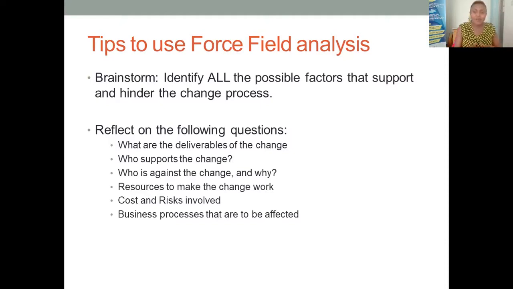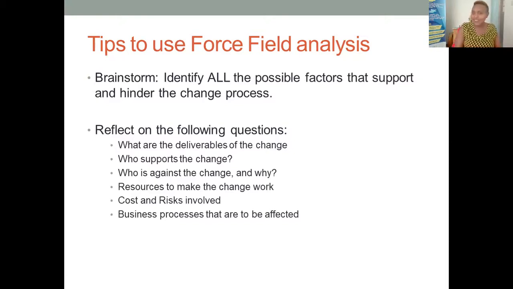Sometimes the people who support the change could be within the organization or even outside the organization. Could be you want to change into something, but you're not getting the political support or support from, say, the government or other institutions that you collaborate with. And that could actually undermine your change efforts. So you need to ask yourself, who is supporting the change?